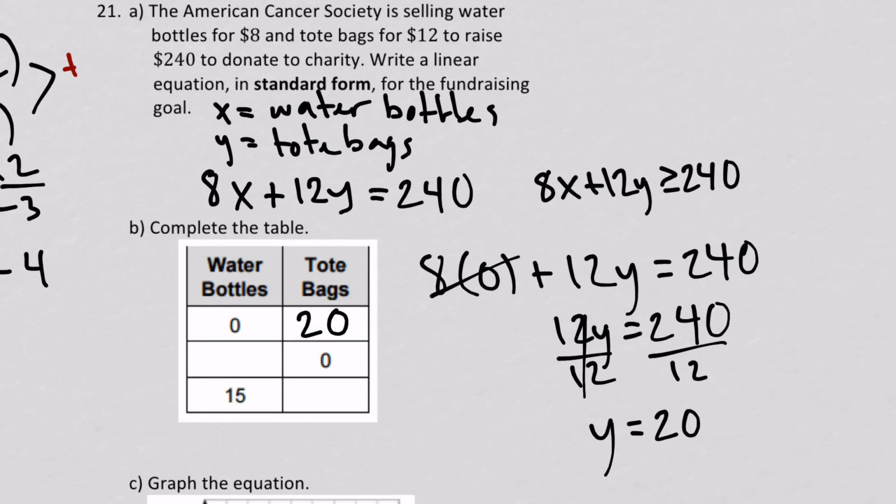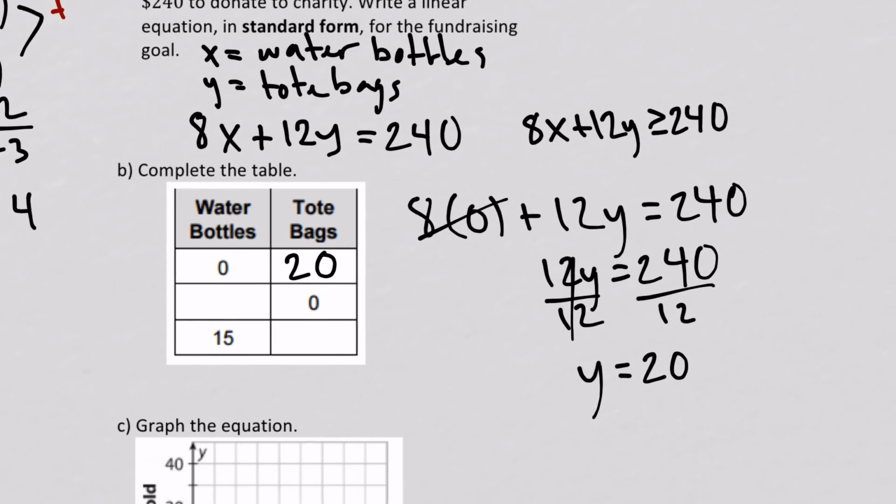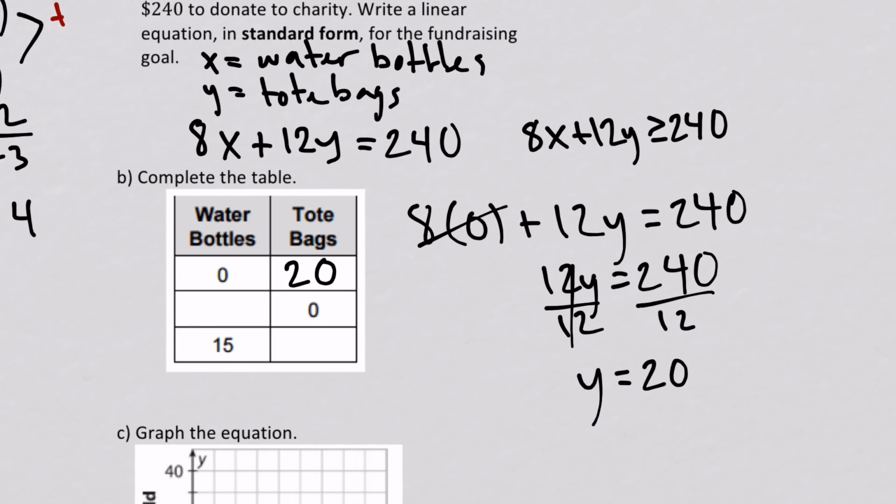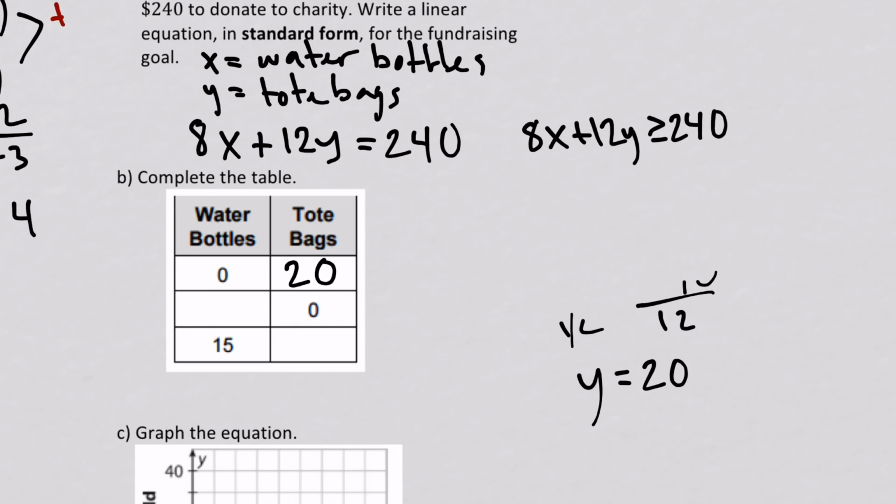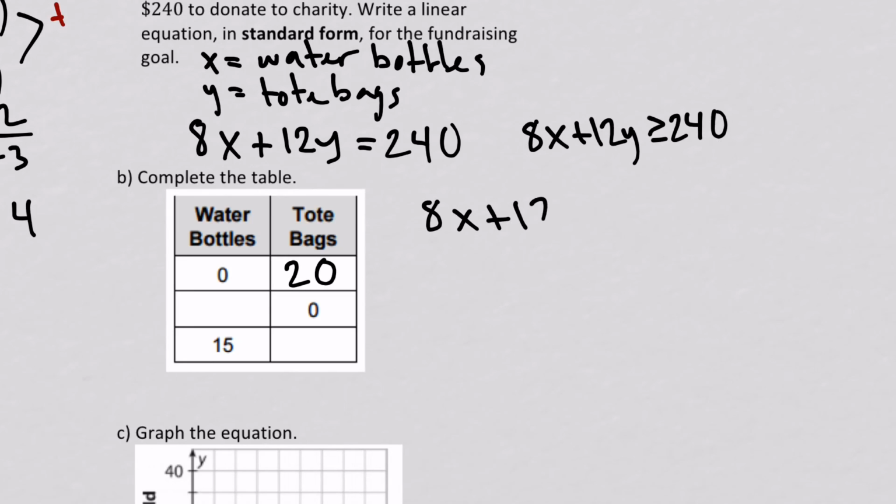Okay, let's do it for the next one. Missing the number of water bottles, but it does have the number of tote bags. So let's erase right here and do the work right here. In this case, I need to plug in 0 for y. So substitute in 0 for y. So it's 8x plus 12y equals 240. y in this case is 0.